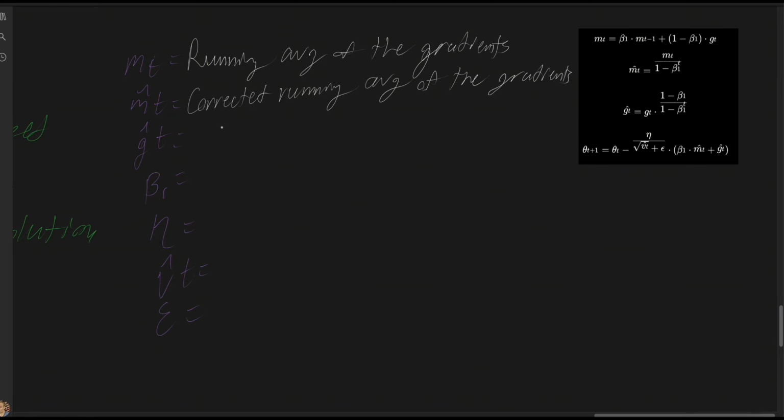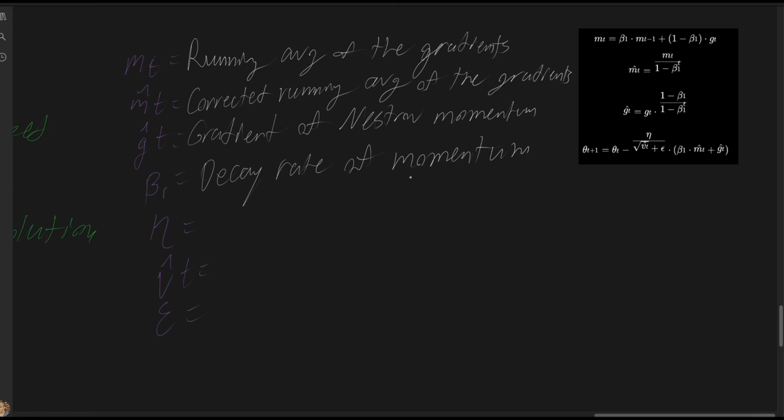G cap t is the gradient of Nesterov momentum. Beta 1 is the decay rate of momentum term.